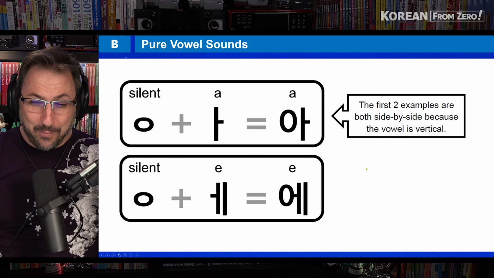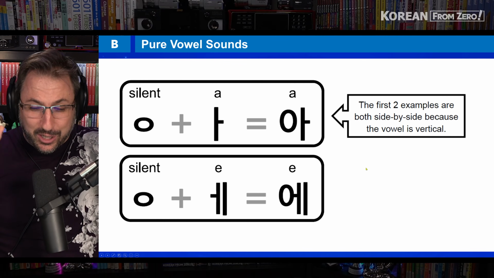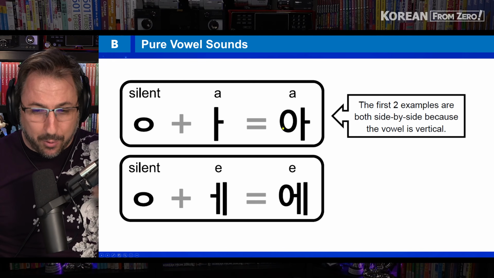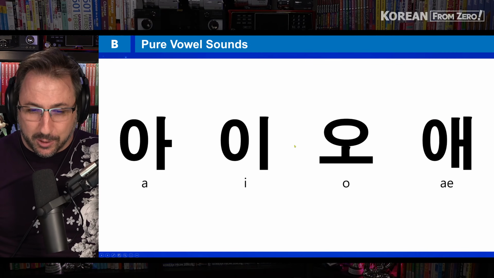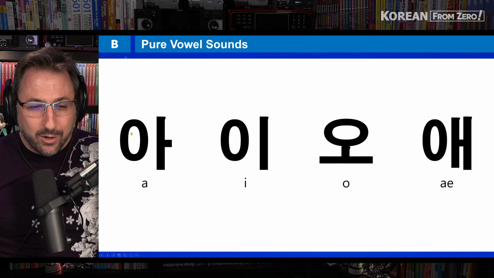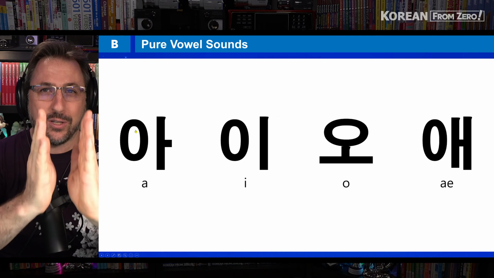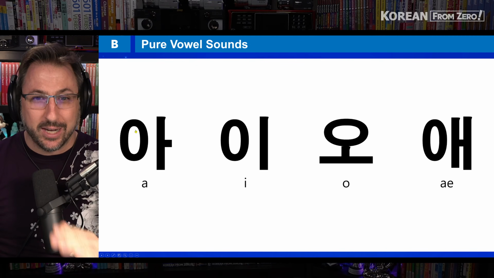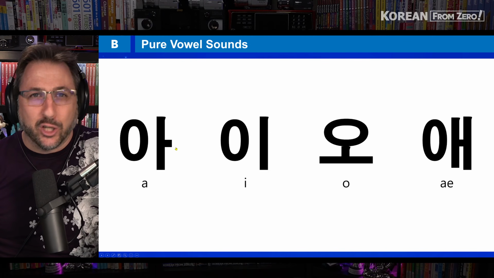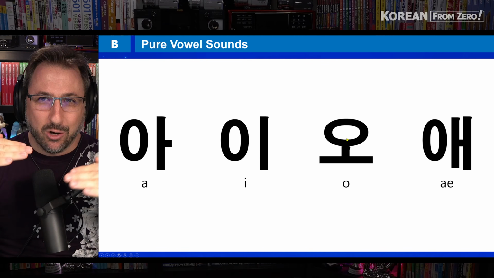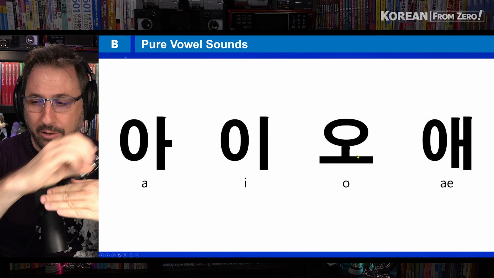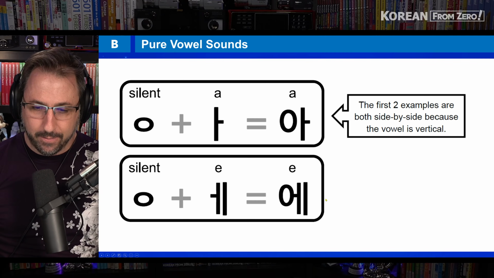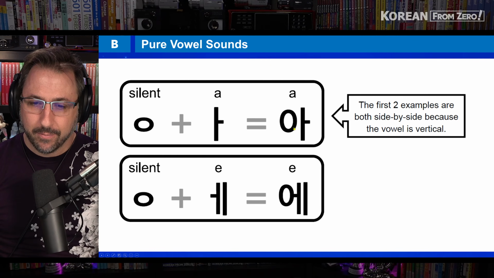All right, so these are just what we talked about before, what was on that prior page. Notice that these are side by side like this because it just happens to be a tall vowel. And because these are laying down, the O is down below the iyung, okay? 아, 에.